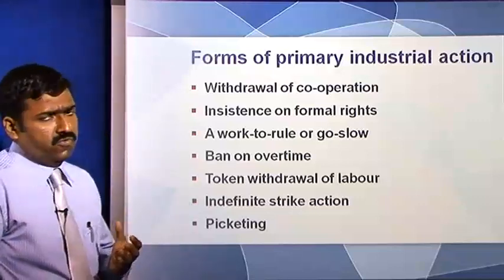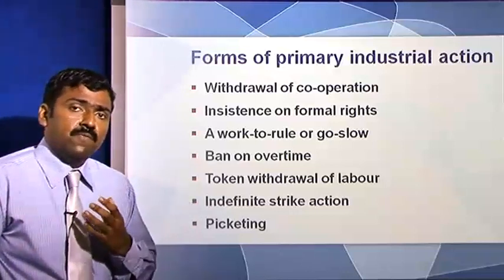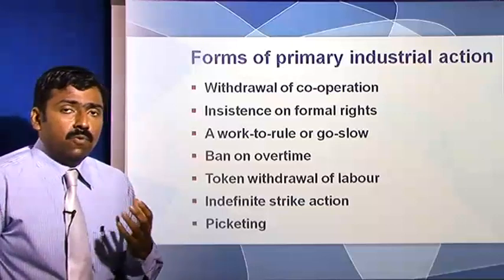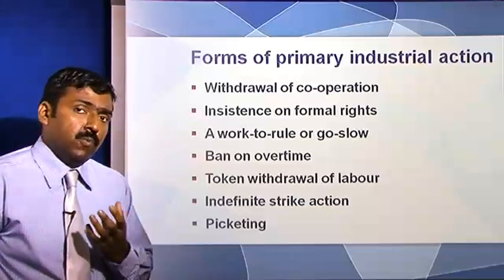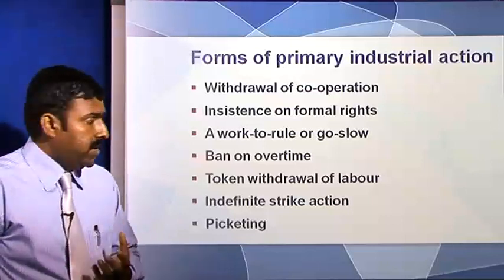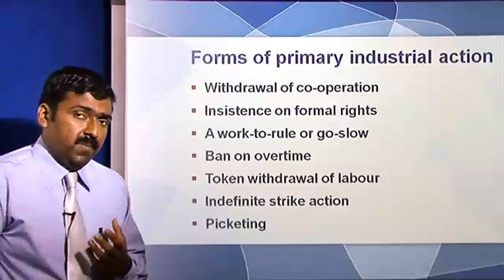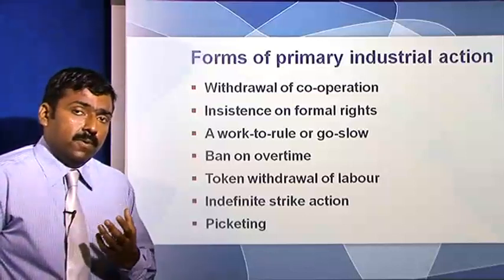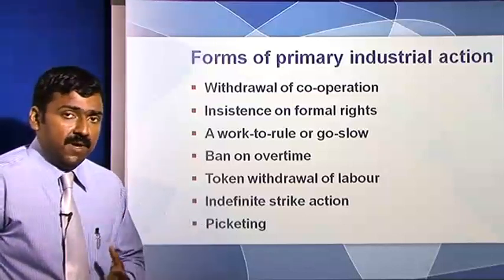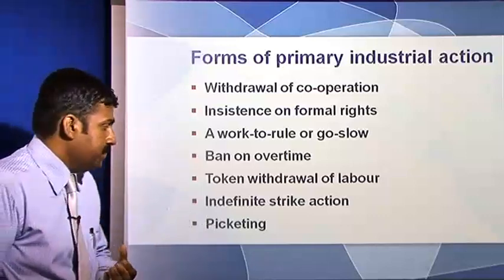You work to rule or go slow. Employees deliberately go slow in their work activities, resulting in an overall impact on your production schedule. Ban on overtime, they refuse to work overtime. Token withdrawal of labor, say for a particular day, wherein they show what can be the effect if it goes on for a number of days or an extended period of time. There is a token withdrawal of labor by one particular group or one department.